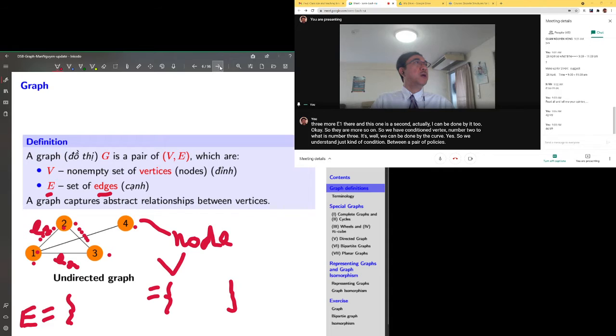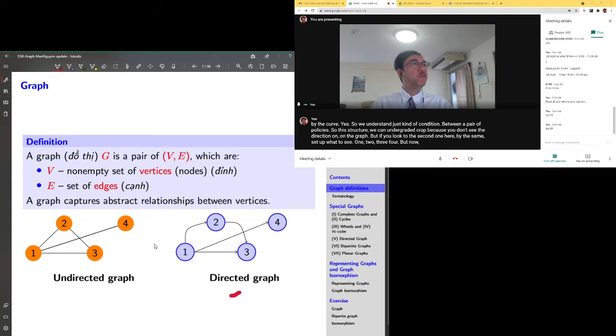So this structure we call an undirected graph because you don't see any direction on the graph. But if you look at the second one here, with the same set of vertices 1, 2, 3, 4, now when I define the connection from vertex 1 to vertex 2, I allow the arrow here. That means we tell the direction from 1 to 2. Like the one-way streets in Ho Chi Minh City, you know, there are some two-way streets.